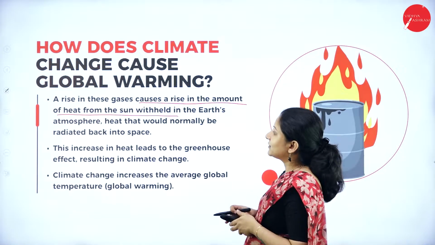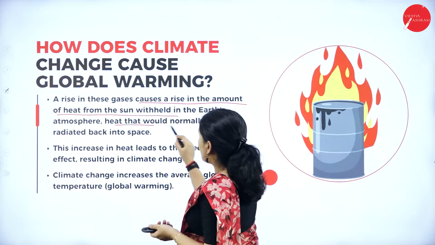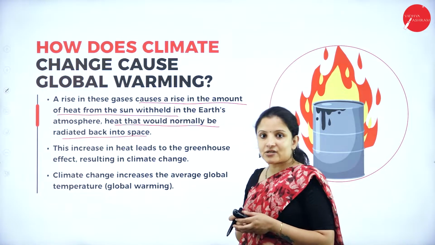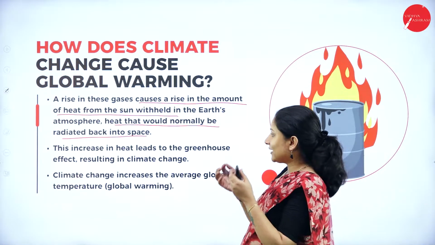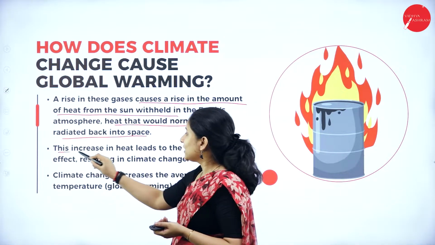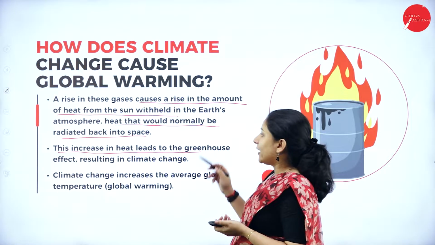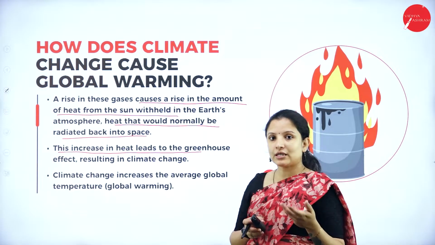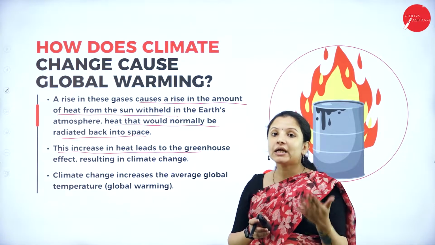So the heat that would normally be radiated back into space will not get radiated back. It will accumulate in the earth itself, which will lead to an increase in heat and therefore to climate changes.